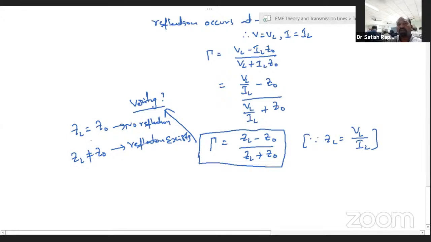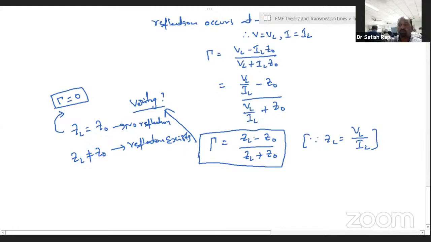So therefore, when ZL is equal to Z naught, what is the reflection coefficient? From the formula, reflection coefficient is equal to 0. Because substituting ZL equal to Z naught, the numerator term will be 0.